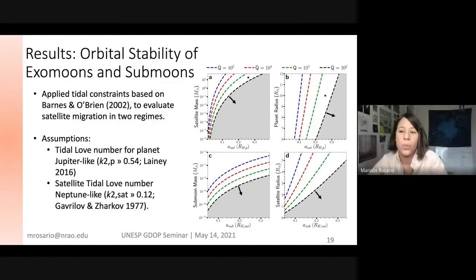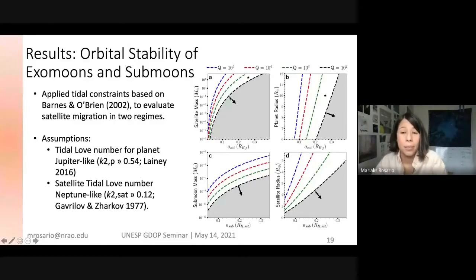And so we see the values of these constraints vary depending on the tidal quality number, which is Q. So we consider different tidal quality numbers, and depending on these tidal quality numbers, we find different tidal constraints.